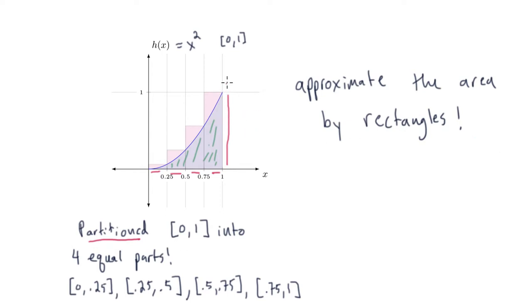So the height here is f of 1. The height here is f of 0.75. The height here is f of 0.5. And then the height here is f of 0.25.